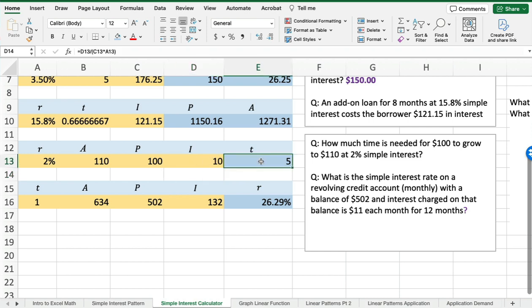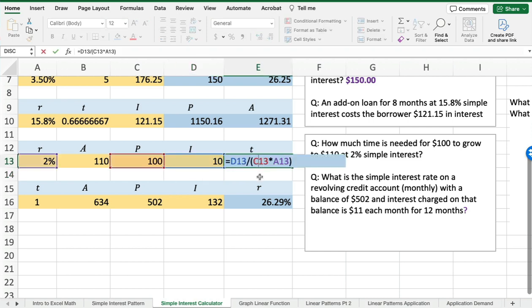Now we're going to solve for time. In solving for time, we use the formula equals interest, capital I, divided by principal times rate. On our spreadsheet, that means it's equal to the quantity in D13. So I'm using cell references now. So time equals D13 divided by parenthesis C13 times A13, close parenthesis.